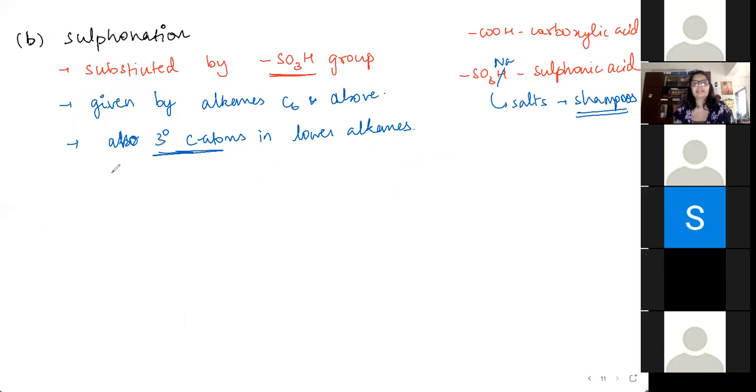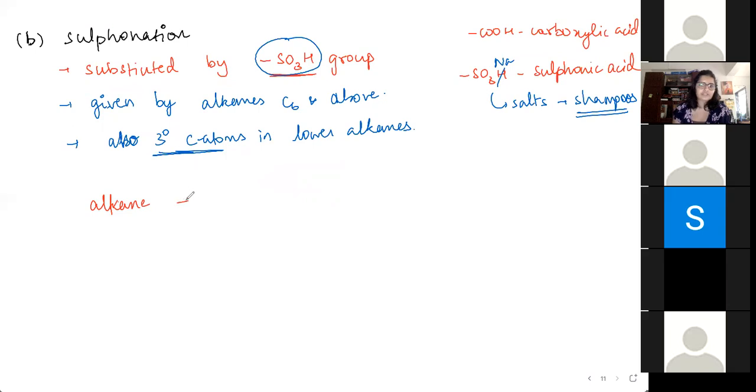Now coming to the actual reaction, if you want to introduce SO3H, in halogenation you took a halogen. For SO3H, what reagent will you use? You don't have to give me the exact thing, give me an idea of what direction you're thinking. For substitution of an alkane, obviously you need to take the alkane.